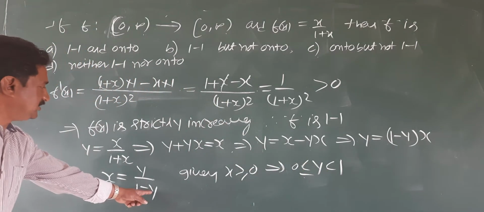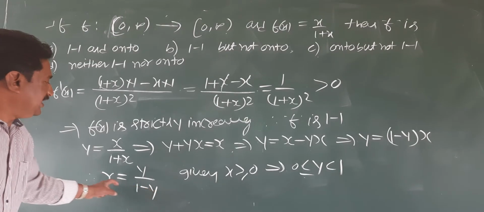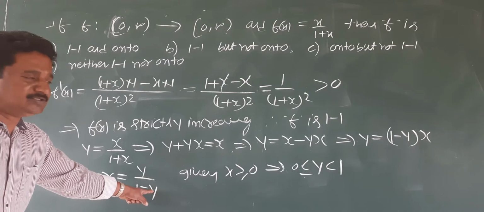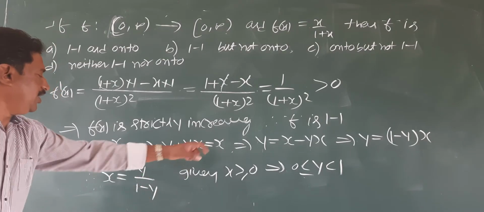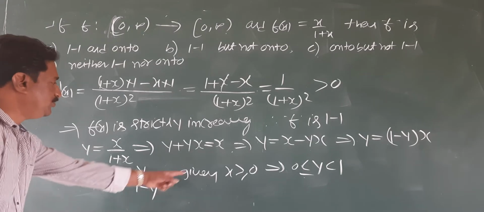If y values are greater than 1, then x values become negative. So the y value should lie between 0 and 1.